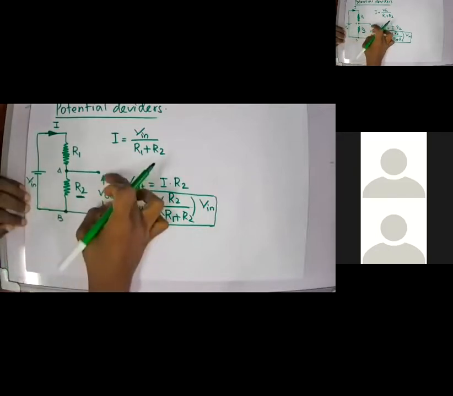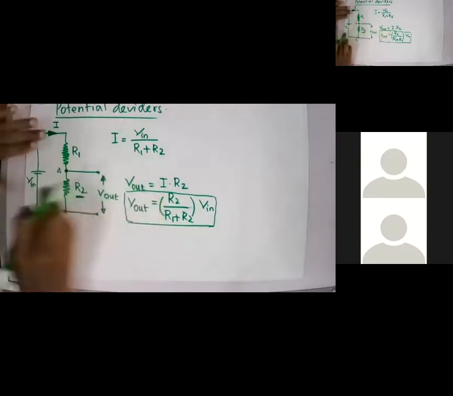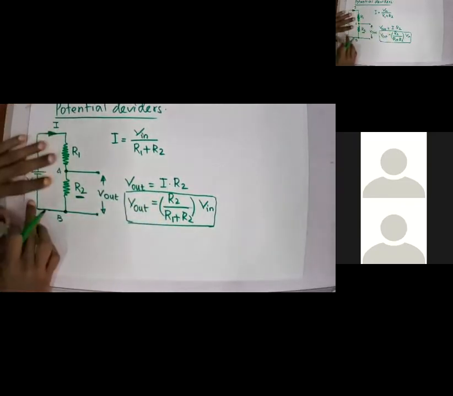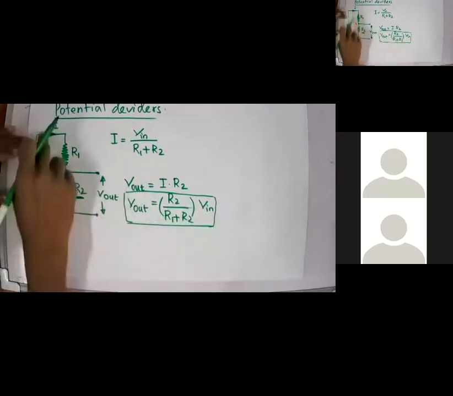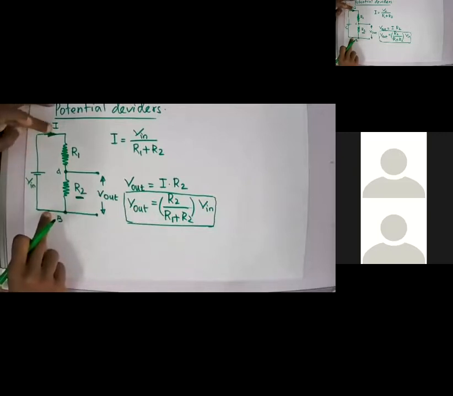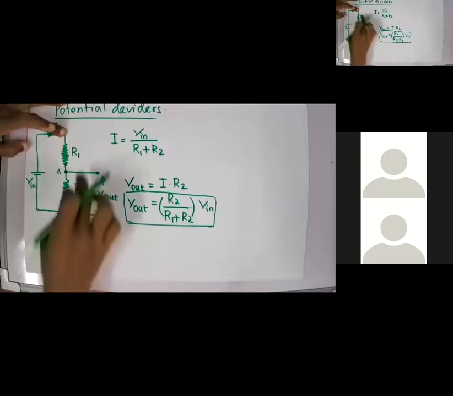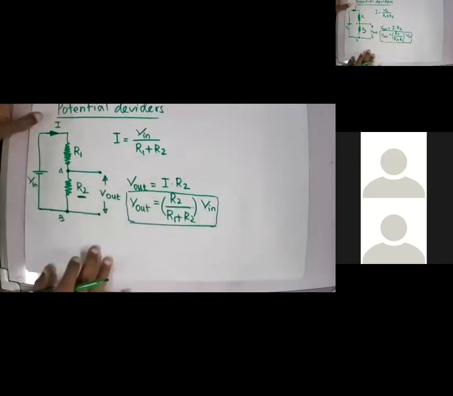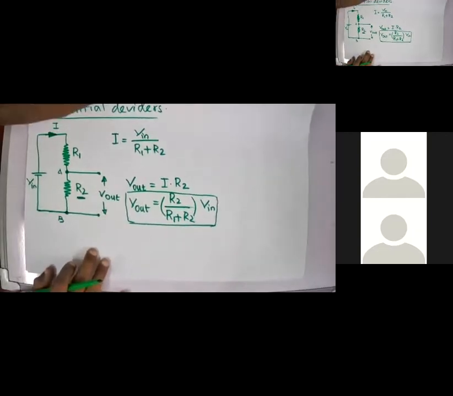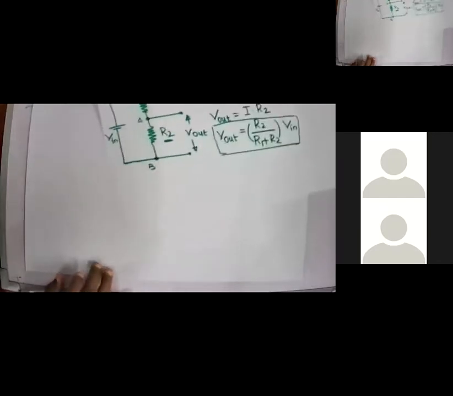If you need to calculate the voltage across a single resistor connected to a voltage source, you simply take that resistor divided by the summation of the two resistors, times the total voltage applied across the combination of resistors. This is called a potential divider, and it will be very useful when you are solving simple electrical circuits.